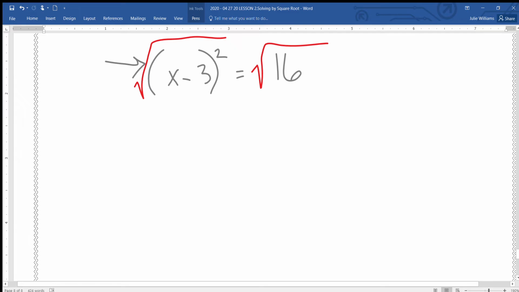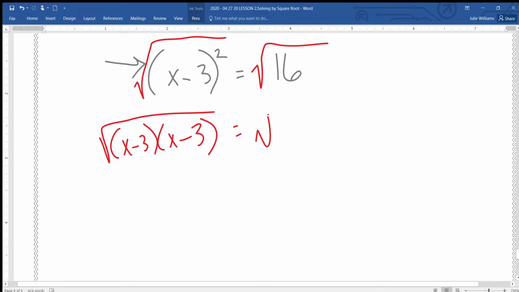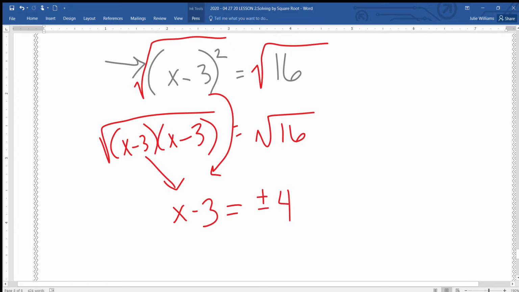So in essence, what I'm doing is taking the square root of the quantity x minus 3 times the quantity x minus 3. I'm taking the square root of 16. Square root of anything times itself is just whatever that number is. So the square root of x minus 3 squared is simply x minus 3. And then the square root of 16 we know to equal plus or minus 4. So now I need to get x by itself, so I add the 3.